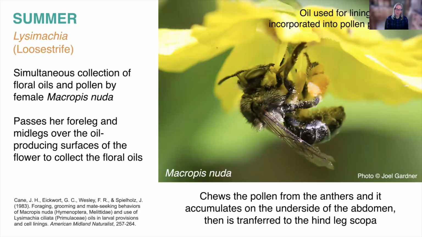She's combing those floral oils off the flower with her fore and mid leg brushes. And at the same time, she's chewing on the flower's anthers to get the pollen grains to drop onto her abdomen, so that she can transfer that pollen onto her hind leg pollen collecting structures. And this is all happening at once. So there's no argument that female bees are very, very good multitaskers.